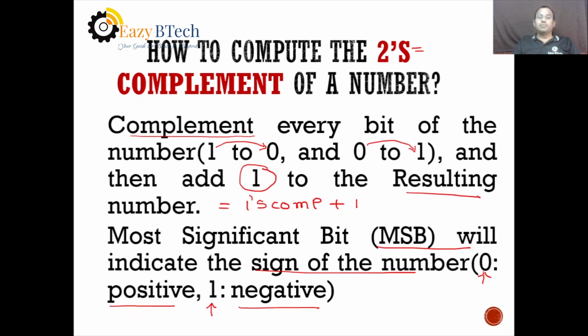If the MSB is 0, it is a positive number. If the MSB is 1, it is a negative number. This is the important point everyone should remember.